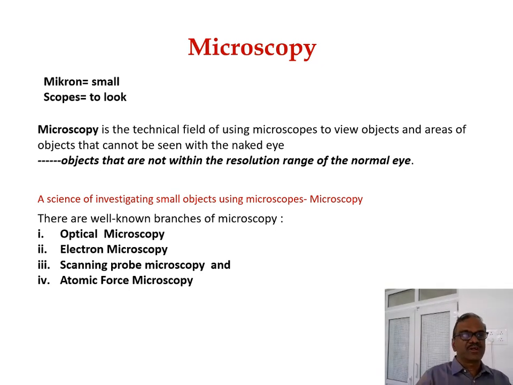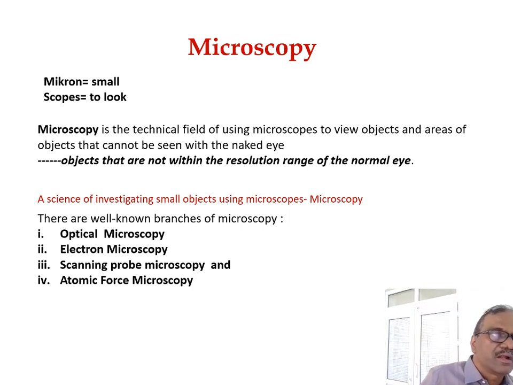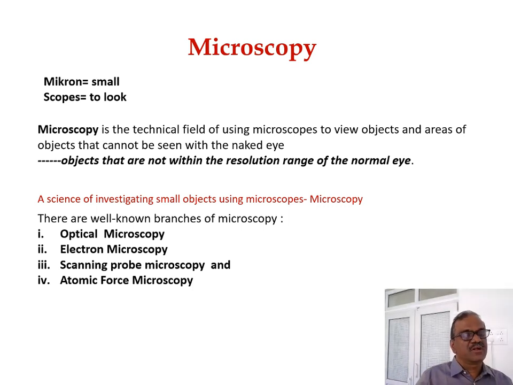A probe means a certain sequence or material attached with a particular tag, and if that tag is present, then we say that the object is present. Based on that, you are able to scan the probe, so it is scanning probe microscopy.